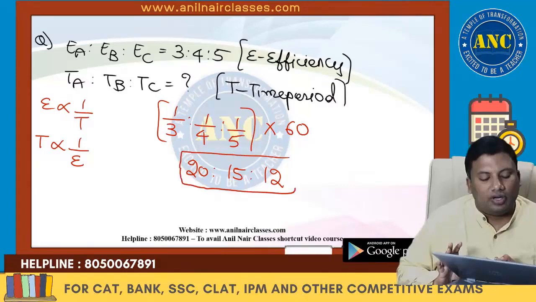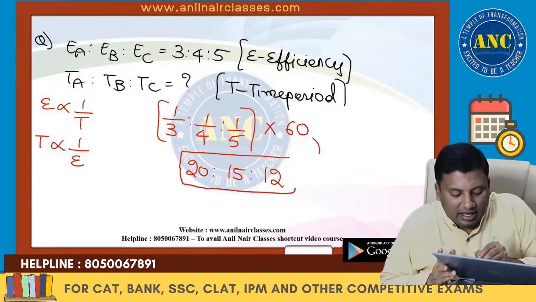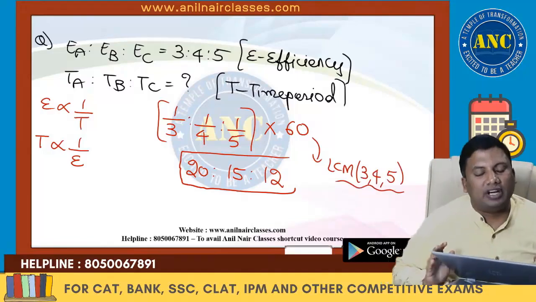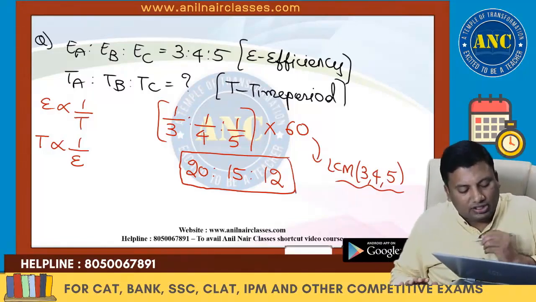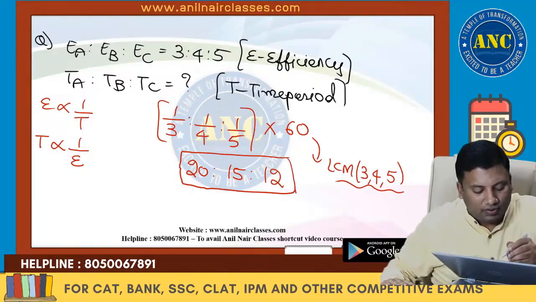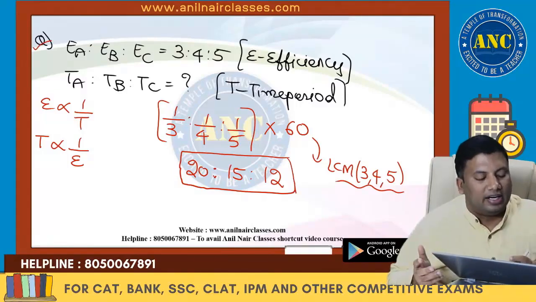If the ratio is in fractions, convert it into integers by taking the LCM. How did we get 60? It is the LCM of 3, 4 and 5. 1/3 into 60 is 20, then 15 and 12. 20:15:12. I hope this model is clear.